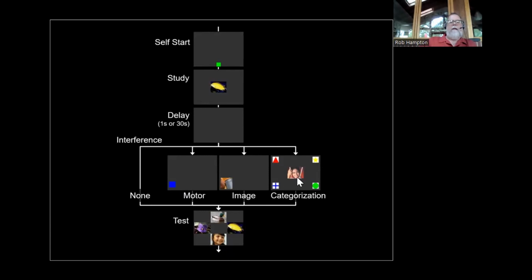So in this case, they're identifying that this is a picture that contains a human being. So they make one of the four responses to indicate that it's a person, fish, flower, or bird. That's quite cognitively demanding, particularly for a monkey.